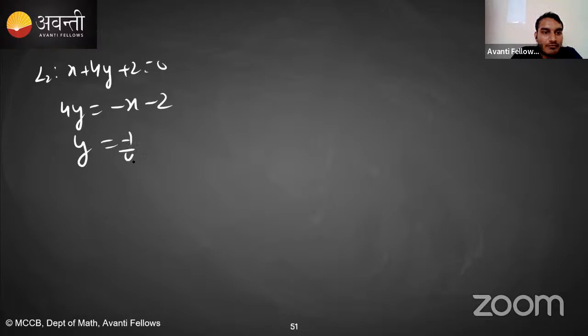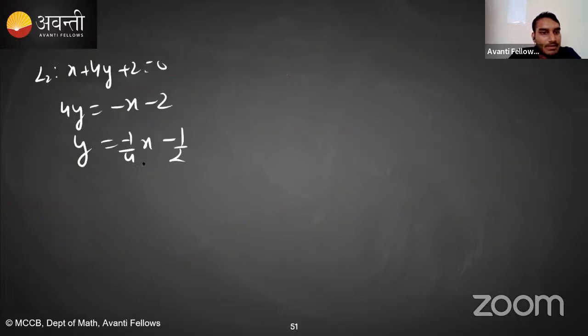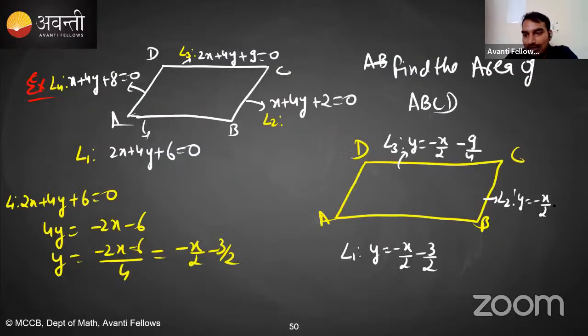Minus 1 by 4 into x minus 1 by 2. Minus x by 4 minus 1 by 2. Similarly, this L4 can be written as y is equal to minus x by 4 minus 2.